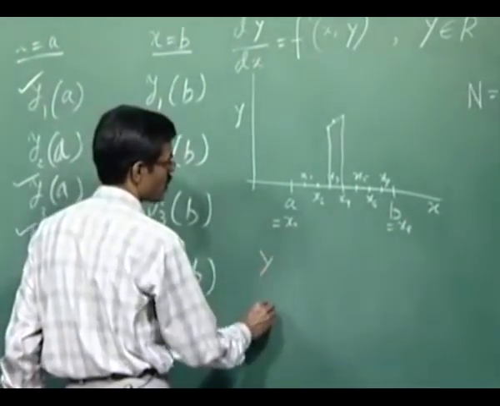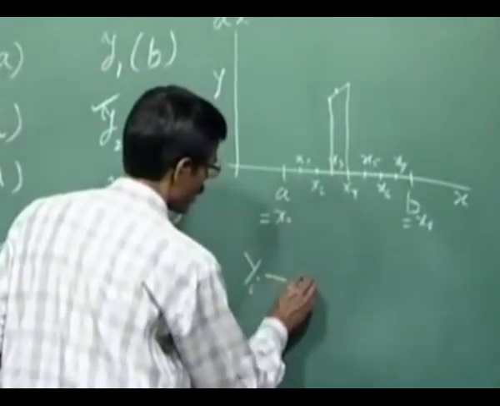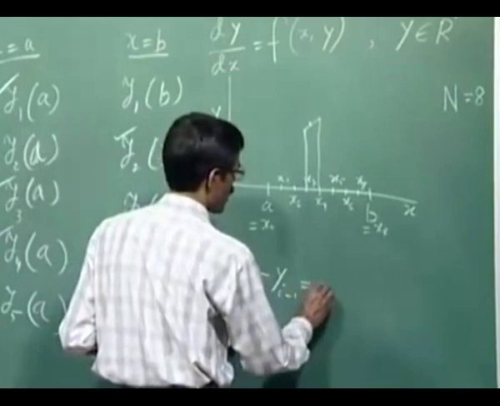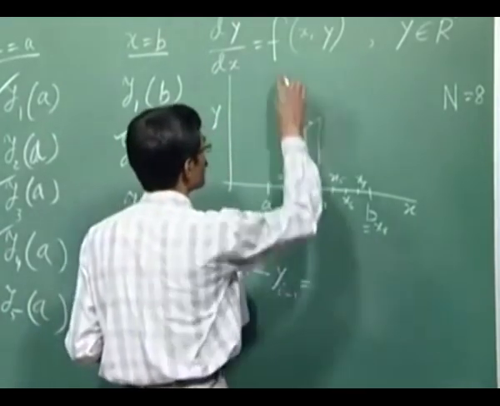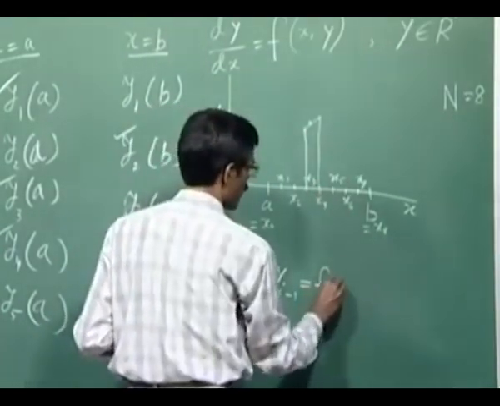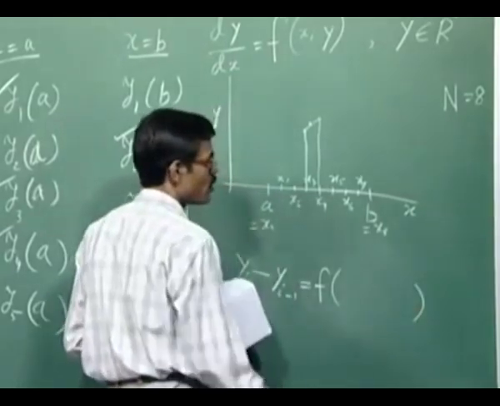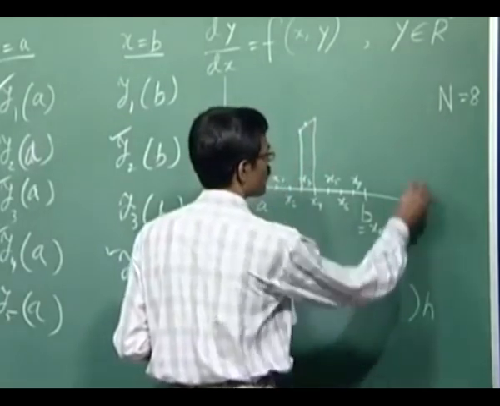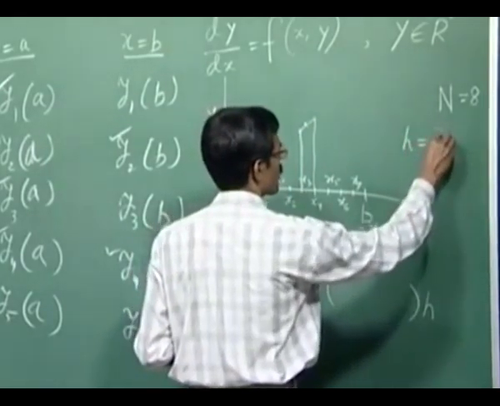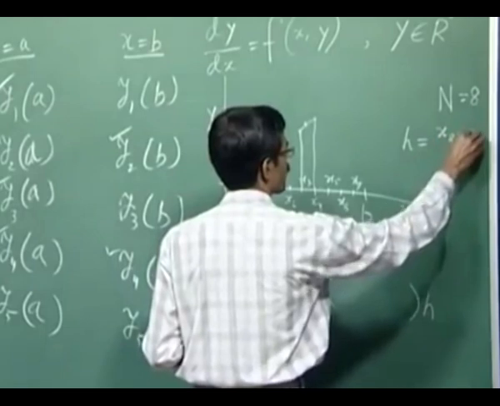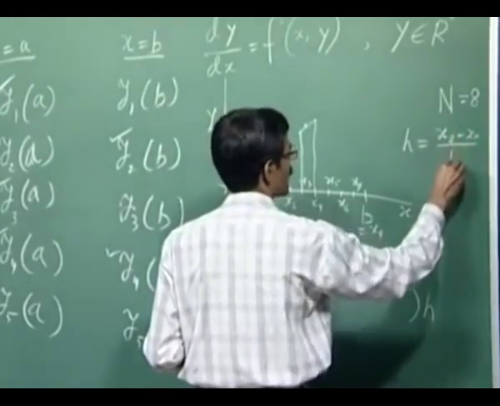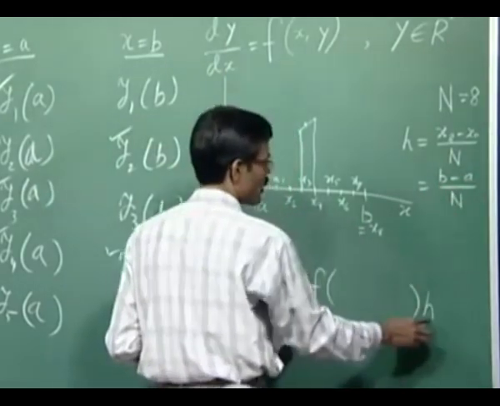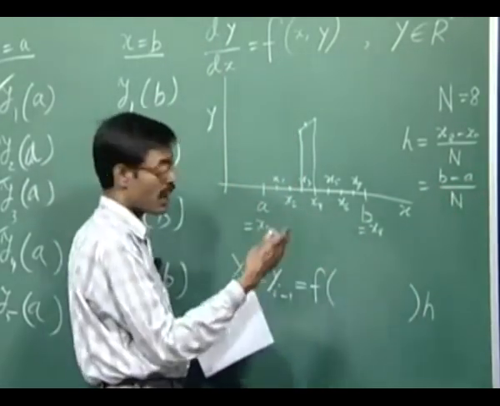difference in y, that is yi minus yi minus 1, difference in y is equal to dy by dx, which is this, into difference in x. H here is x8 minus x0 by n, or b minus a by n, and this is same as xi minus xi minus 1.